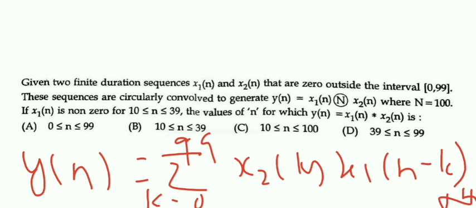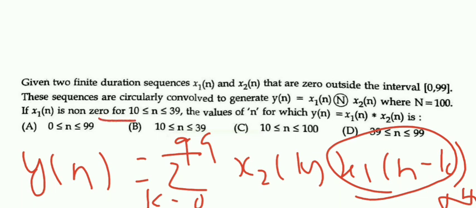Why have I chosen x1 of n minus k instead of x2 of n minus k? Because the condition is 10 to 39. x1 of n is non-zero for 10 to 39 only, right? If we shift x1 or x2, we will get the same answer. But here I am shifting x1 of n minus k because we have the constraint on x1 of n only, not x2 of n.